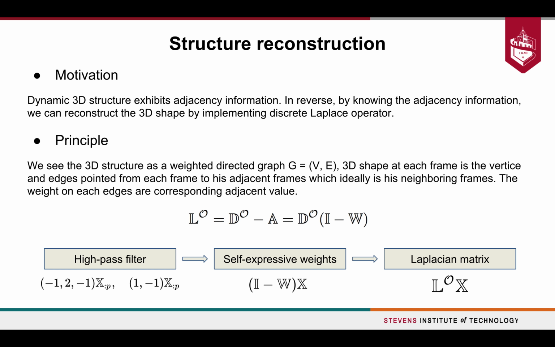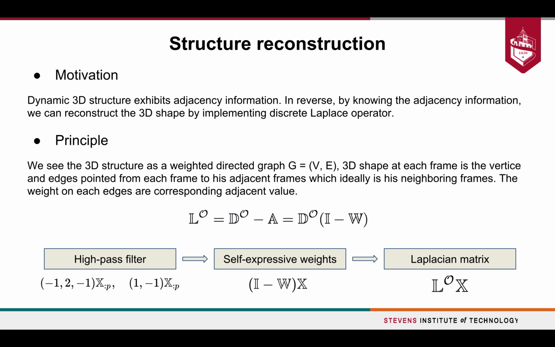3D shape is a node, and the edge is one that points from it to the adjacent frames, which ideally are its two neighboring frames. The weight on each edge is the corresponding adjacency value.